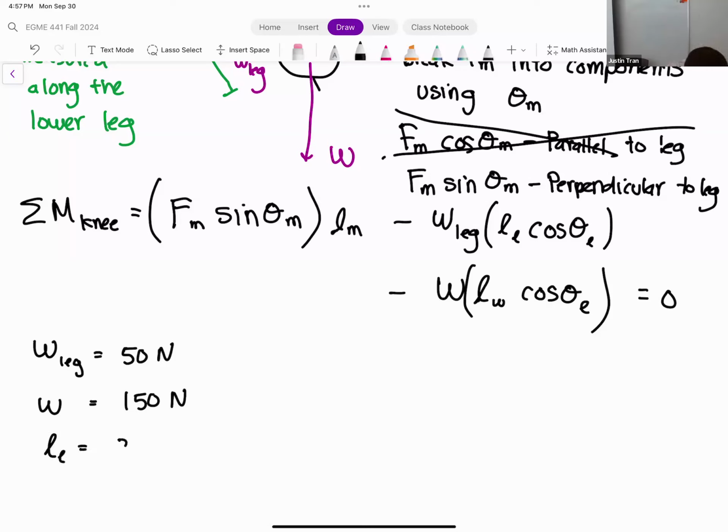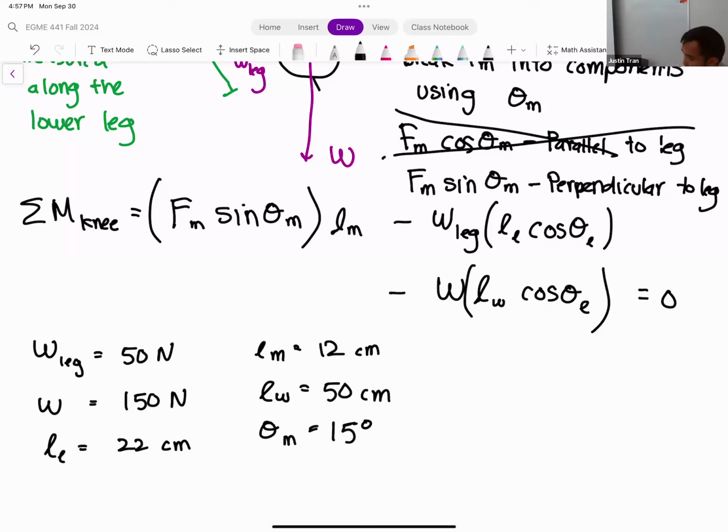LL here is 22 centimeters. LM is 12 centimeters. LW here is 50 centimeters. Theta M here is 15 degrees.